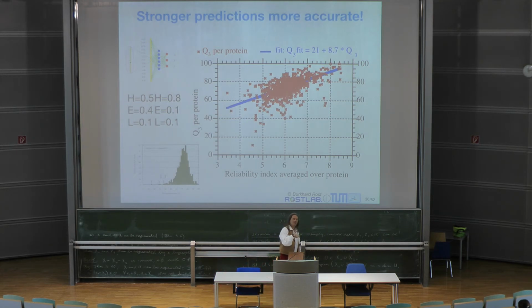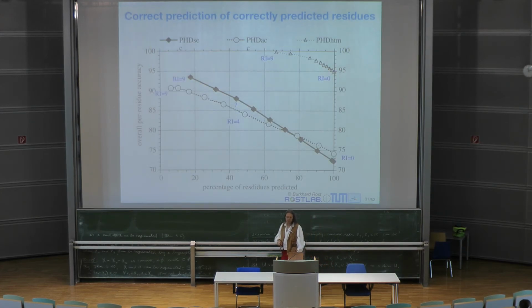Now, on the level of the individual residue, and now the next slide is a little bit complicated. On this level here, I show the percentage of residues predicted, the overall accuracy. Secondary structure prediction is the dashed line here with the circles. So for the system that I showed, the overall accuracy, if I predict for every single residue, is 72%.